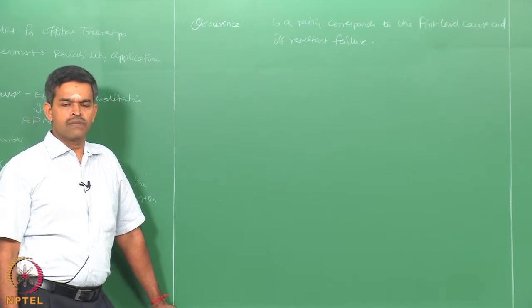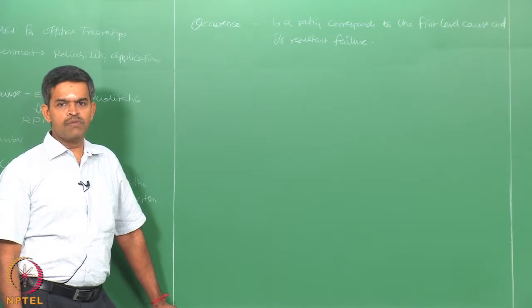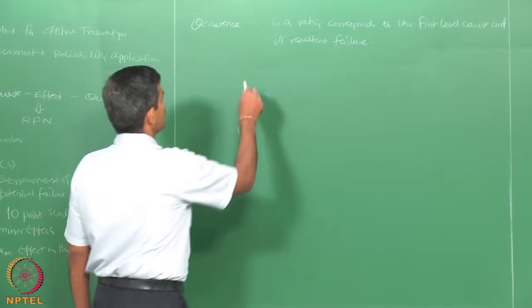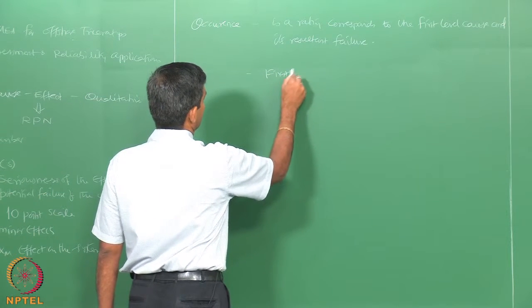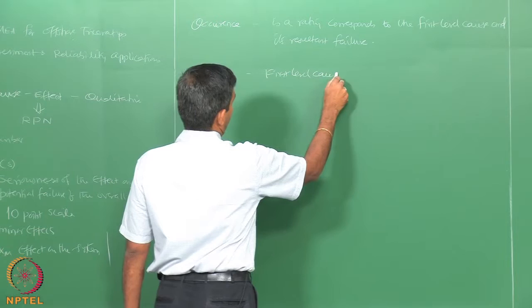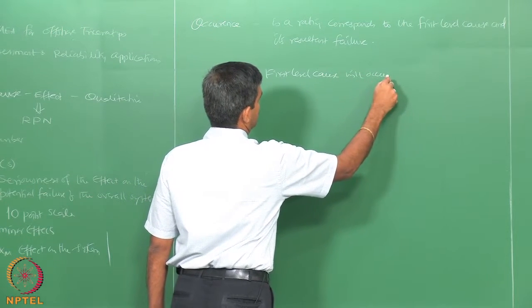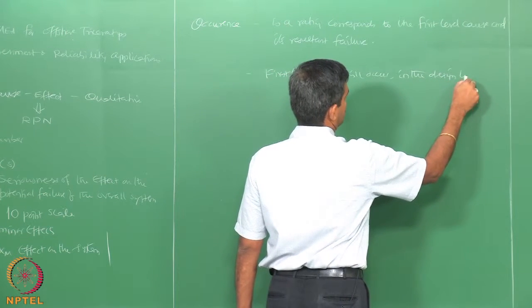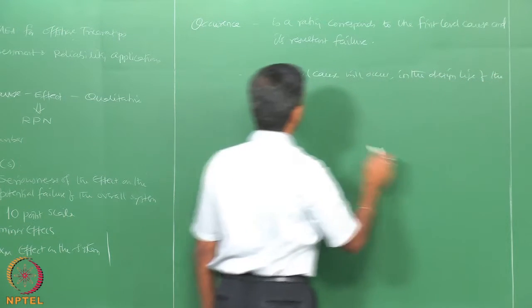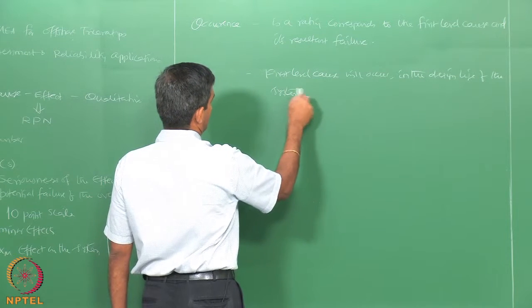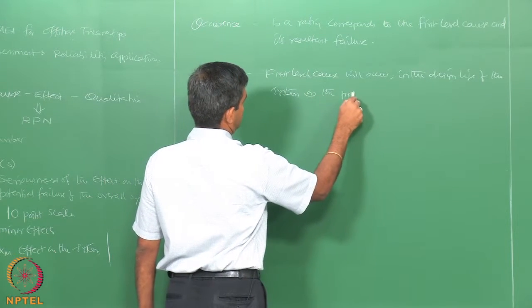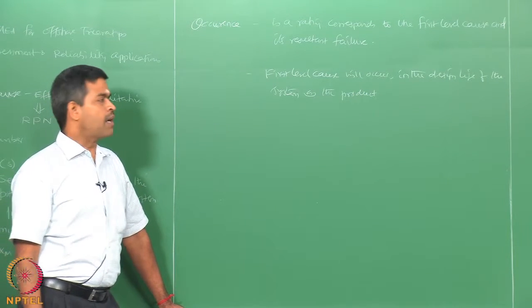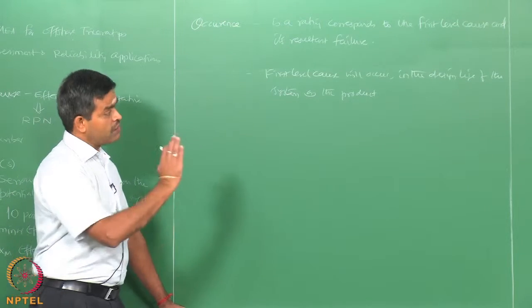The first level cause of any specific failure will occur in the design life of the system or the product before any additional process controls are applied to safeguard against that loss.